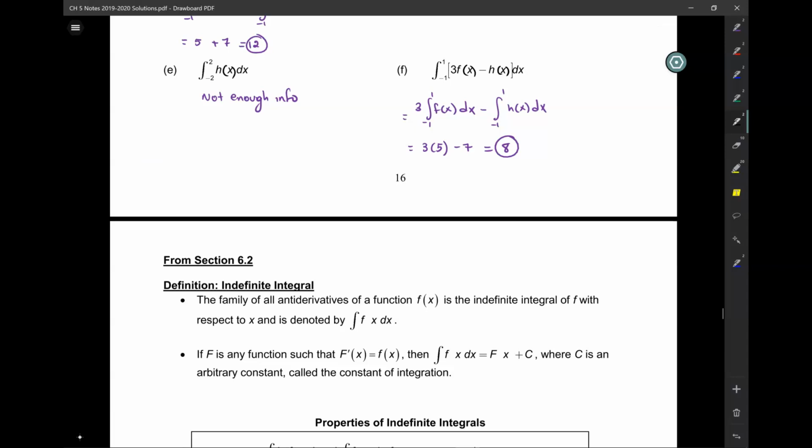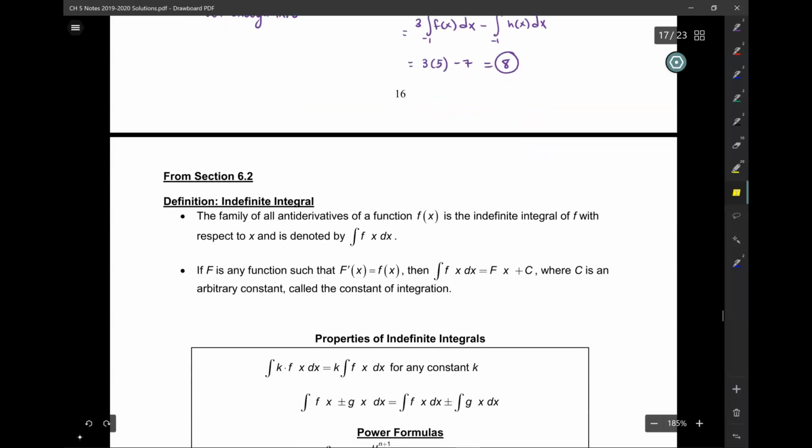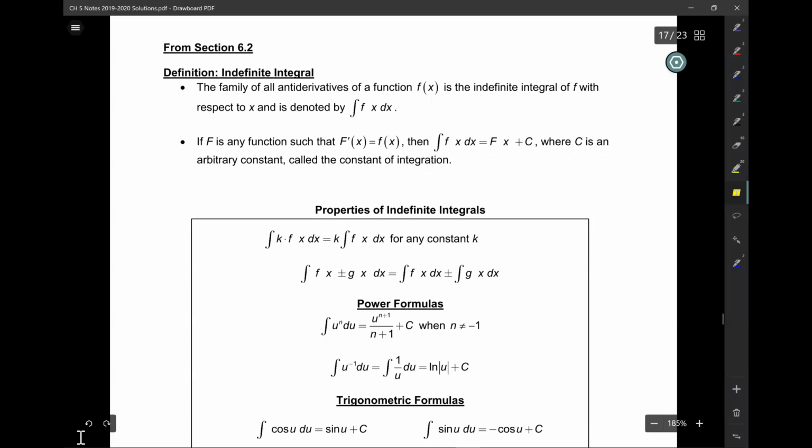So now I'm going to teach you some of the rules for finding integrals of functions. This is from section 6.2. So yes, this is where we're going back and forth a little bit. We're going to talk about what it is to find an indefinite integral.